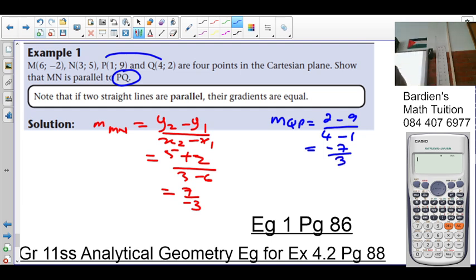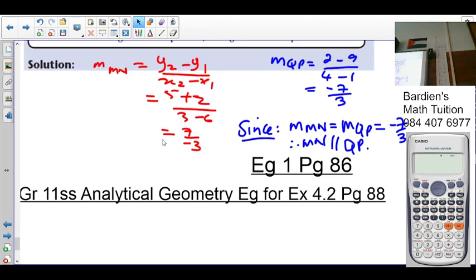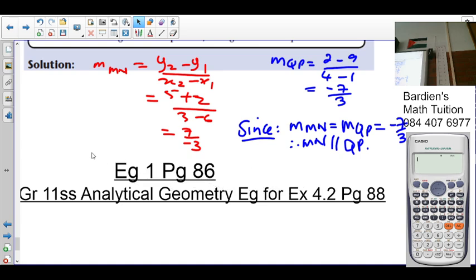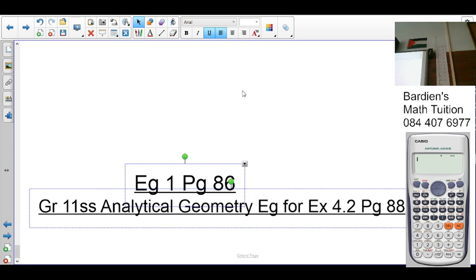So what do I say? Since the gradient of MN is equal to the gradient of PQ, which is equal to negative 7 over 3, therefore MN is parallel to PQ. Guys got it? Any confusion so far? Let's carry on to the next example.